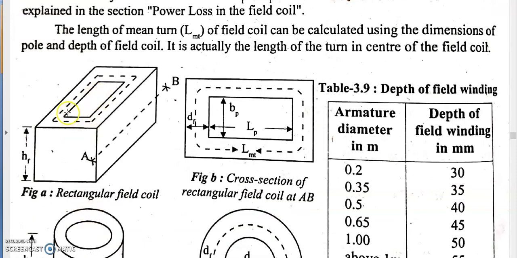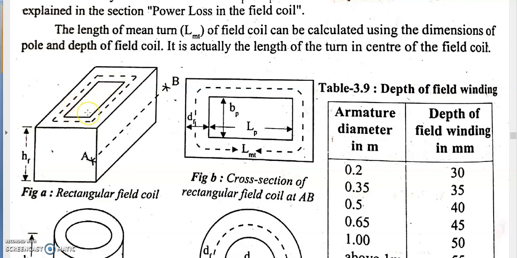So this is the inner periphery of the field coil system and this is the outer periphery of the field coil system, and this dotted line represents the mean turn length, and this is the depth of the field winding, and this inner dimension represents the field pole dimensions.